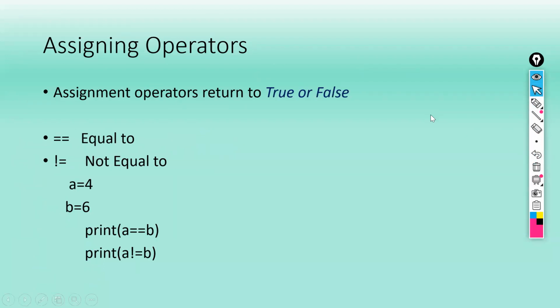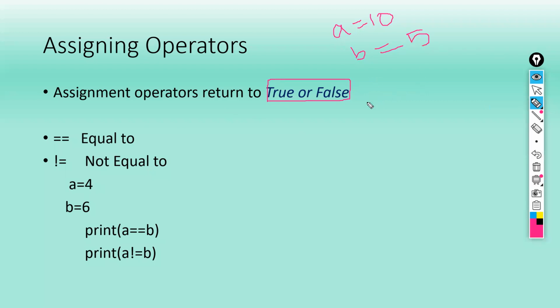And these operators return true or false. True or false means, A equal to 10, B equal to 5.